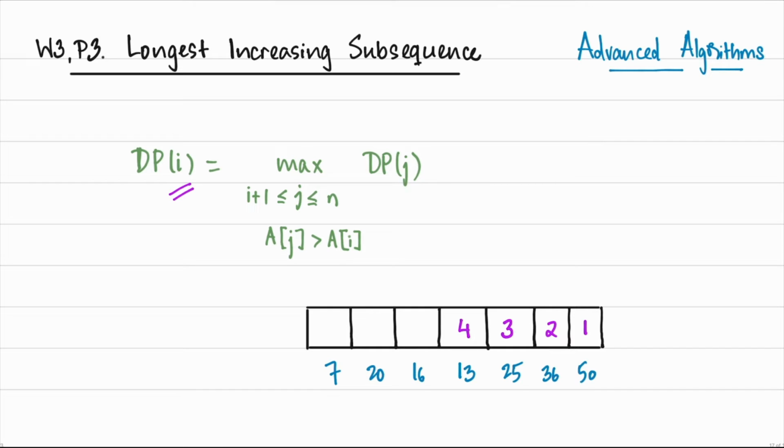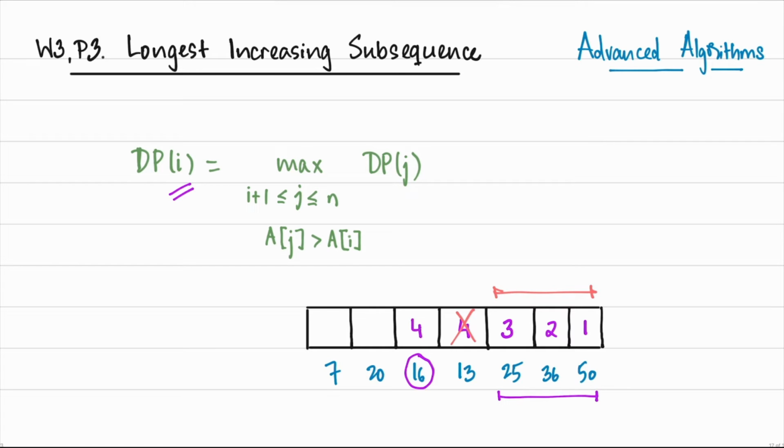What happens when we come to 16? Well, 16 is not compatible with 13, so we will have to drop this DP table entry from the computation, and we have to take the max of these 3 fellows here. But again, we have to remember to add a 1 to that value. Again, what that is signaling is that I can take 16 and I can add it to whatever subsequence I have developed when I was at 25, which is some subsequence of length 3.